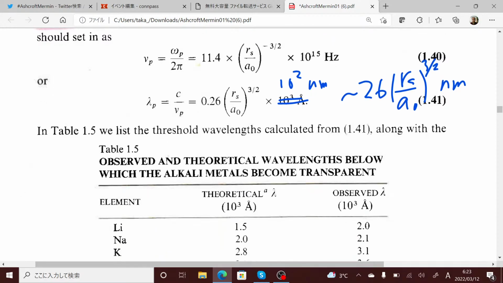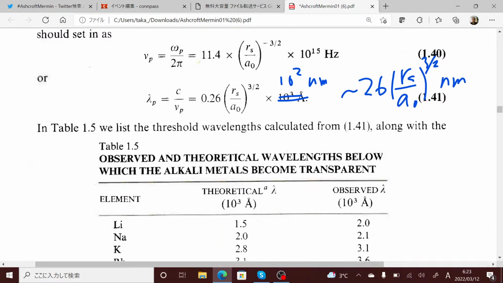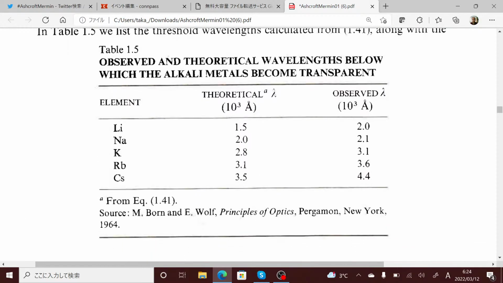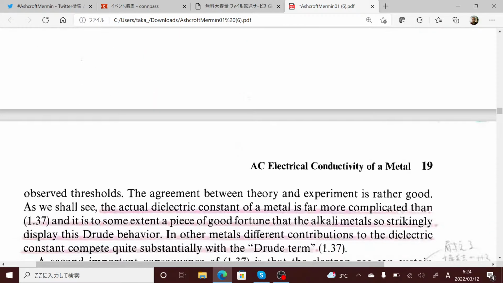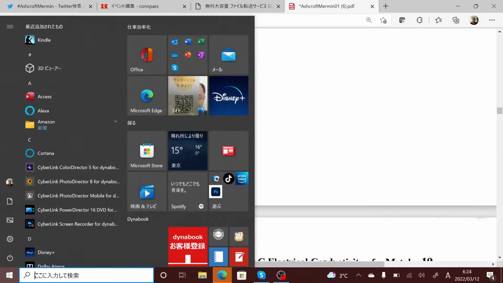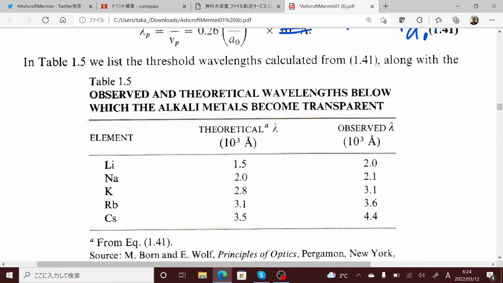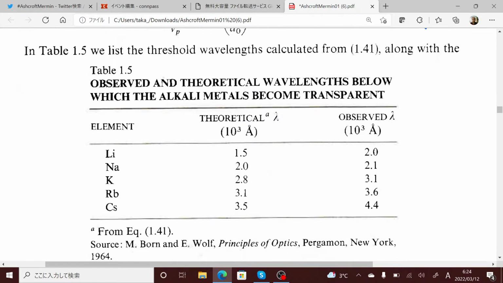In table 1.5, we list the threshold wavelengths calculated from 1.41 along with the observed threshold. Observed and theoretical wavelengths below which the alkali metals become transparent.